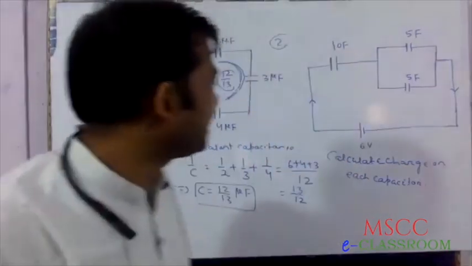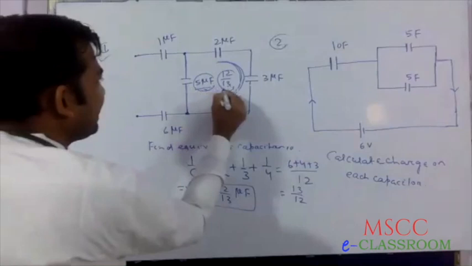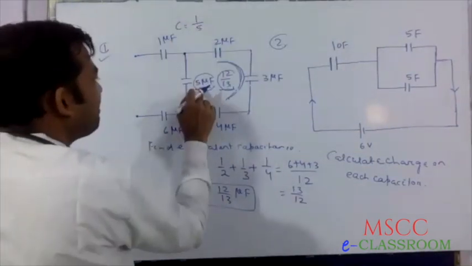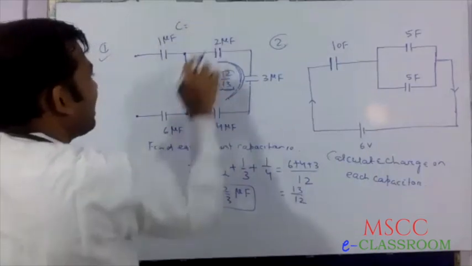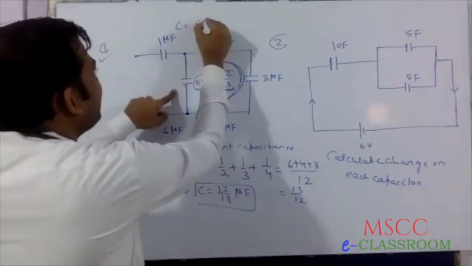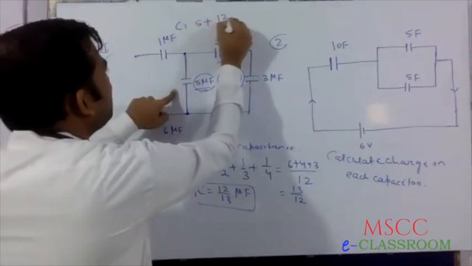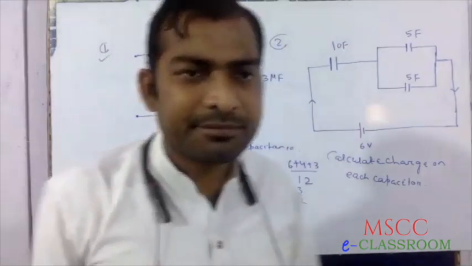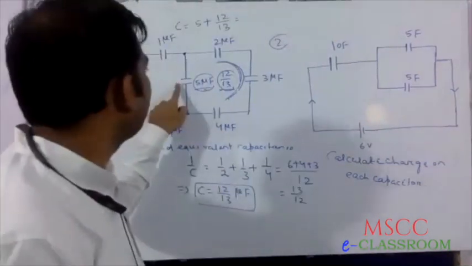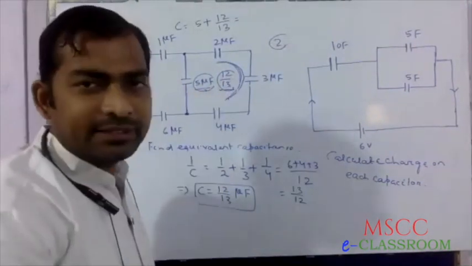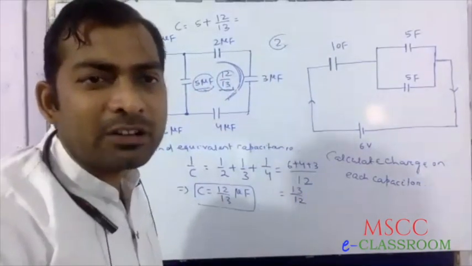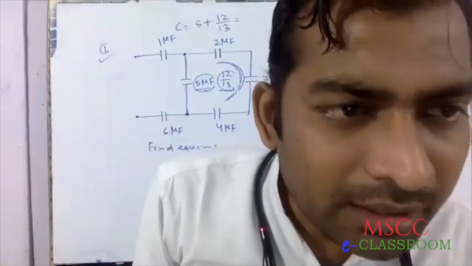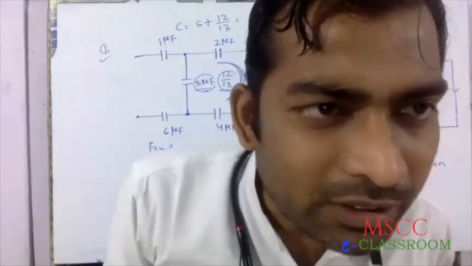Therefore, equivalent capacitance of this and this is 5 plus 12 by 13, just addition in parallel combination.